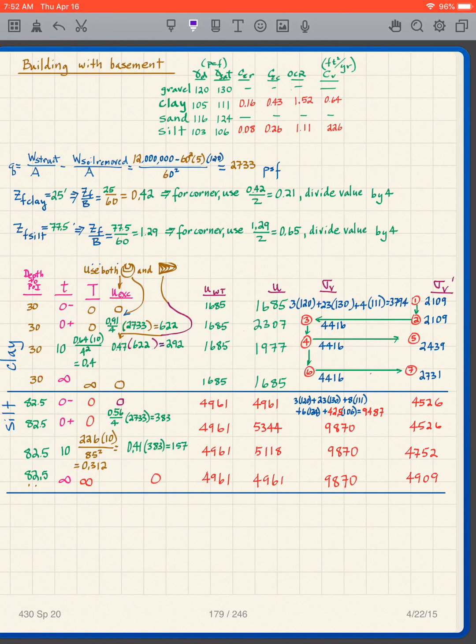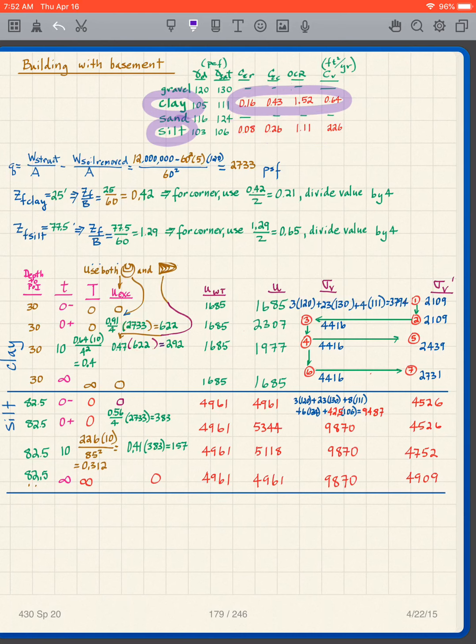Okay, so for the building with the basement, we have all the soil properties here. And we have to consider the clay and the silt. So we're going to have to calculate how much compression there is in the clay, how much compression there is in the silt.